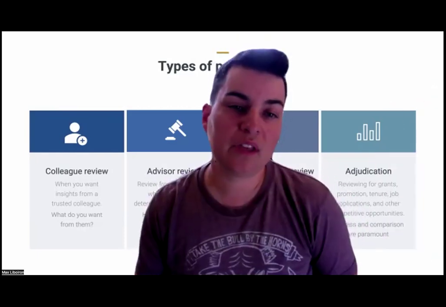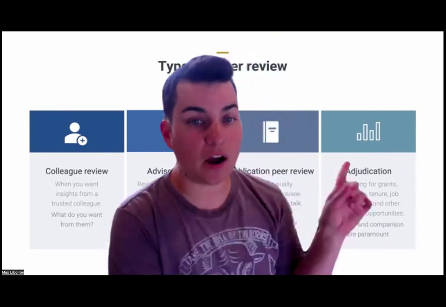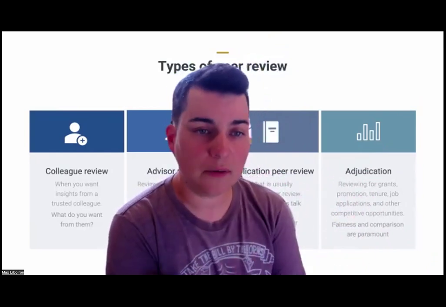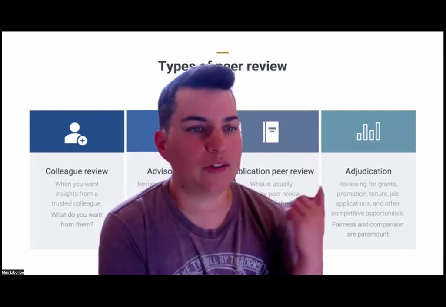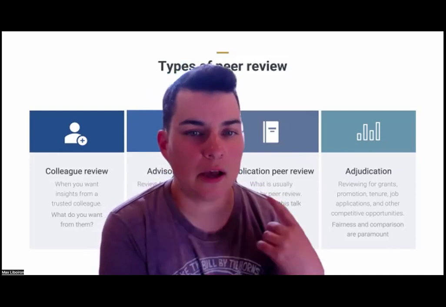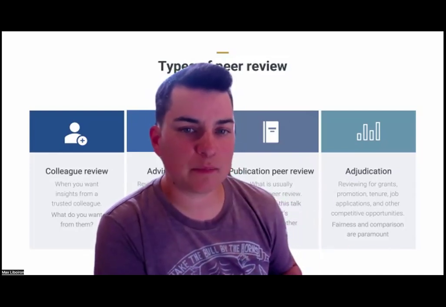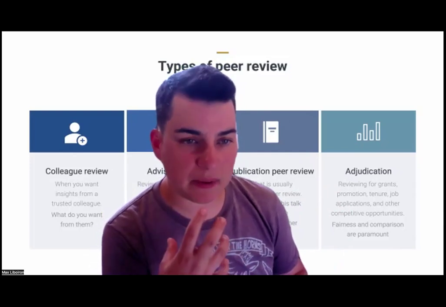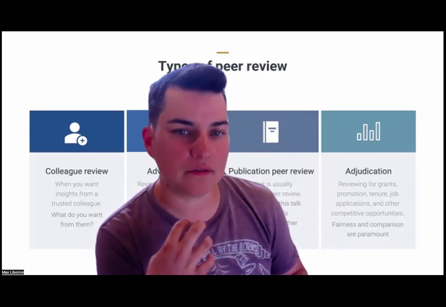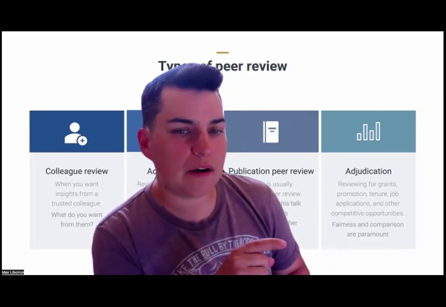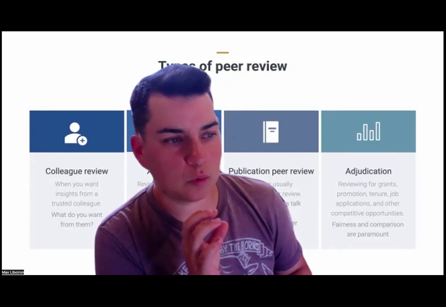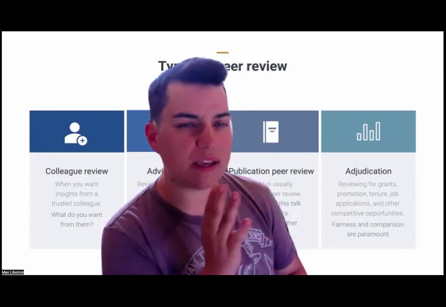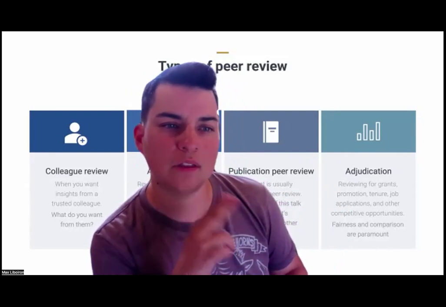The type of peer review that I think is really important to mention, but I'm not going to cover, is adjudication. It's a type of peer review I do mostly, although I do a lot of advisor peer review too, reviewing for grants, promotion, tenure, job applications, basically scarce competitive opportunities. And it's very, very different because fairness and comparison are really acute in those in a way that they are not as acute in these other modes.